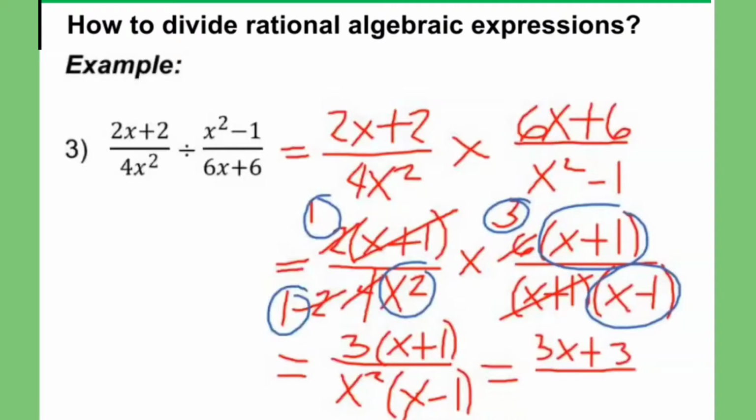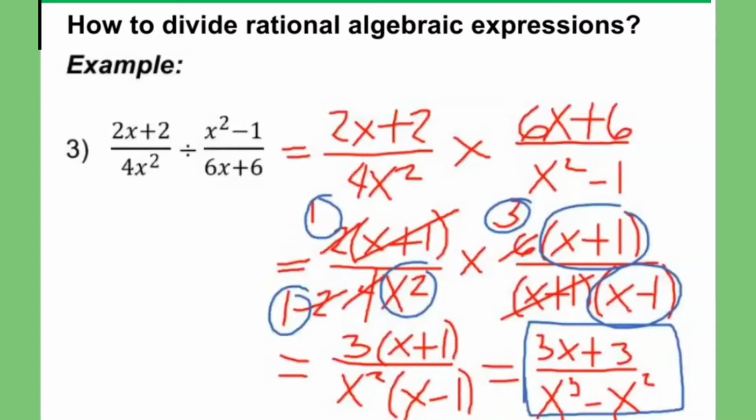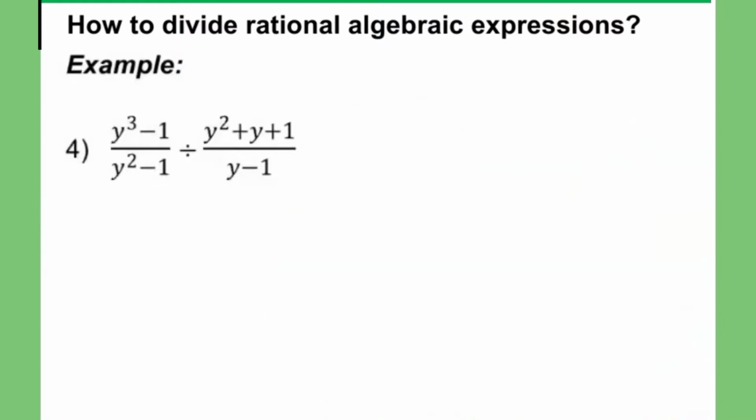And in the denominator, x squared times the quantity x minus 1, we have x cubed minus x squared. And there you have it. That is our quotient. Punta na tayo sa ating fourth example.